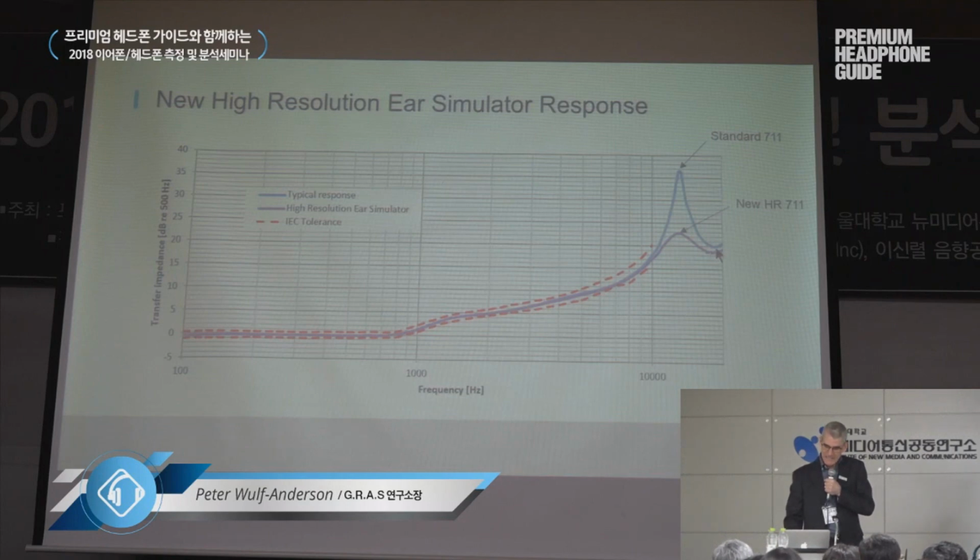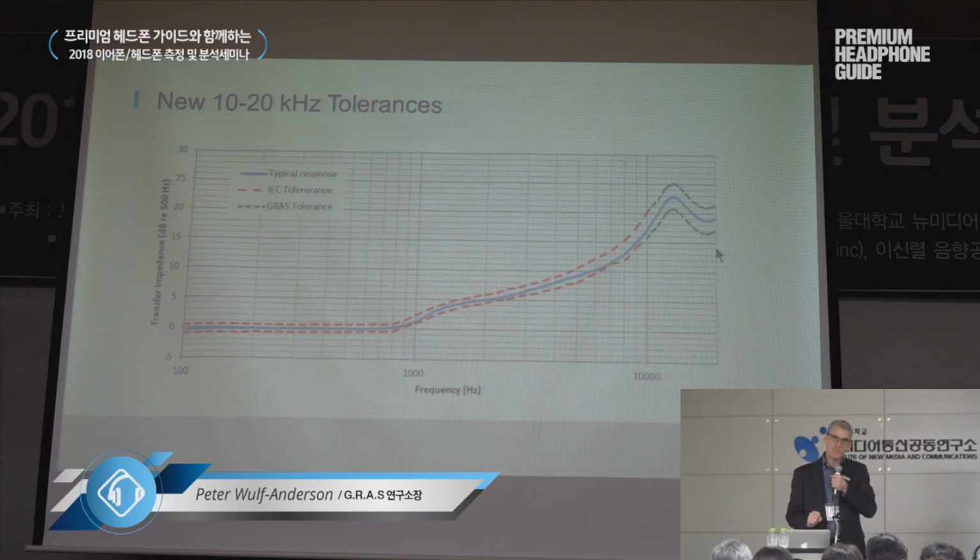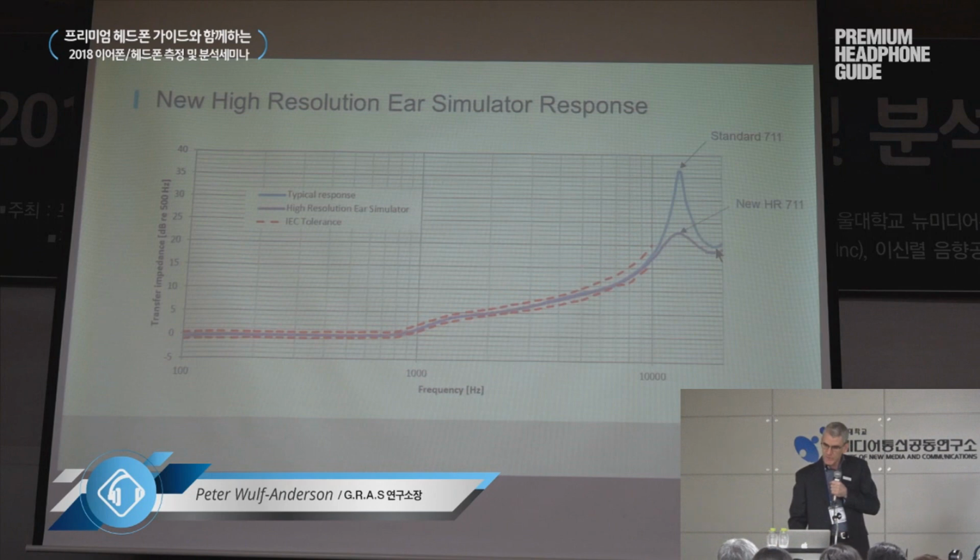And not only did we dampen the peak, but we also managed to extend the tolerance. Before there was no tolerance above 10 kilohertz. If we look at the previous one, we can see that the IEC tolerance stopped here at 10 kilohertz.